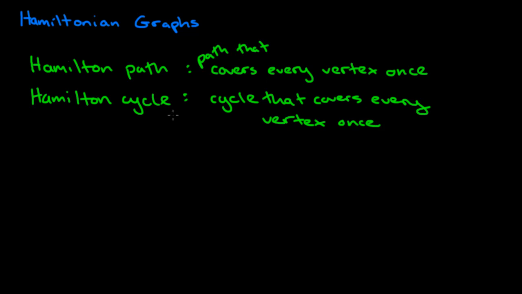You just think of a cycle that hits all of the vertices of a graph, and that will be a Hamilton cycle. Now, we say that a graph is Hamiltonian if it has a Hamilton cycle. So if there exists a Hamilton cycle, the graph is Hamiltonian.